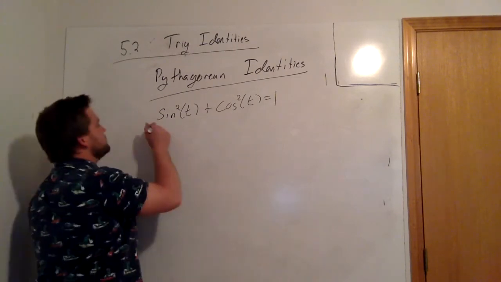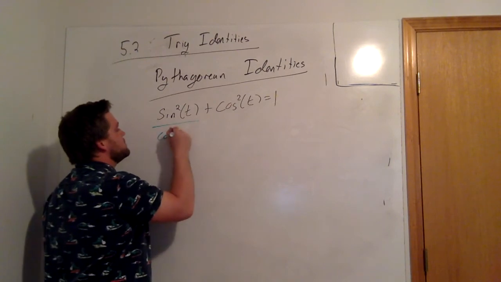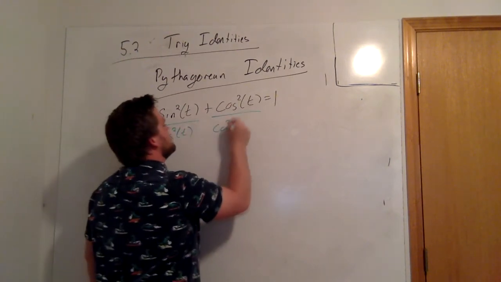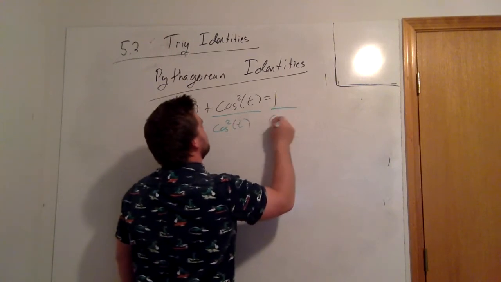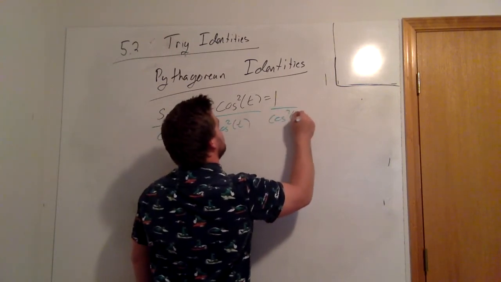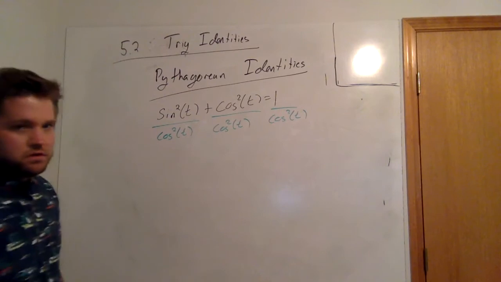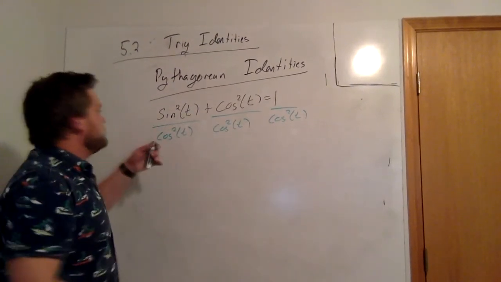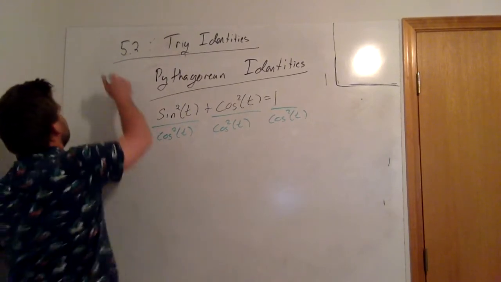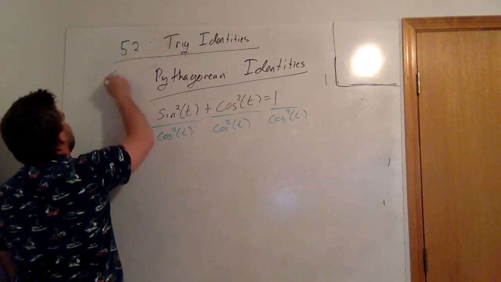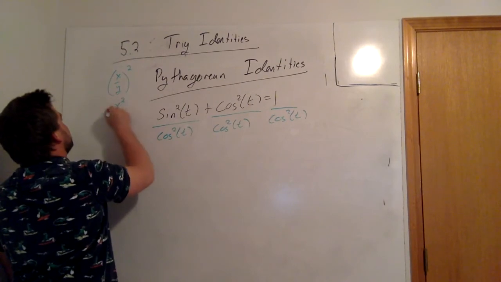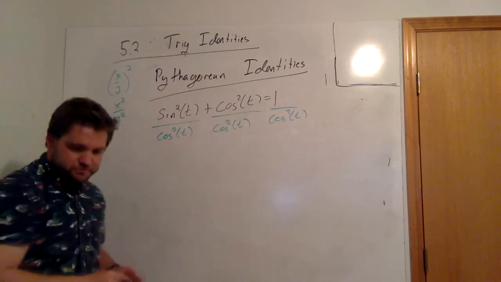So if I divide both sides by cosine squared, distribute to each piece, since exponents distribute through division, mainly that if I have x over y squared, this is the same thing as x squared over y squared.